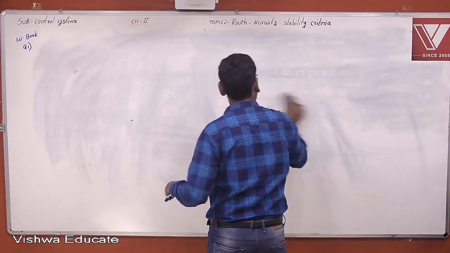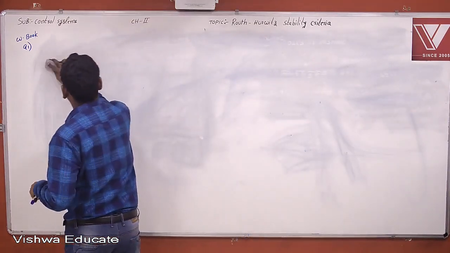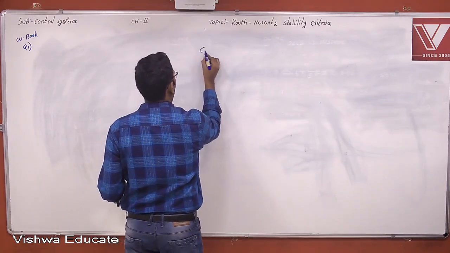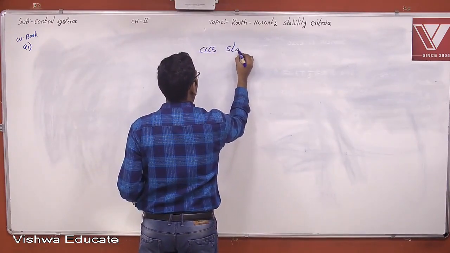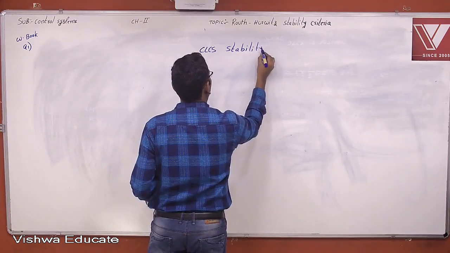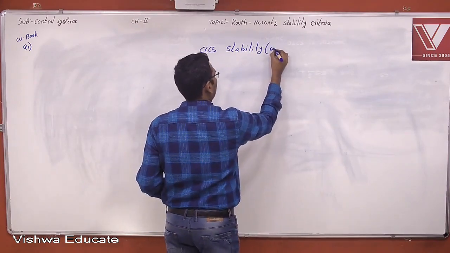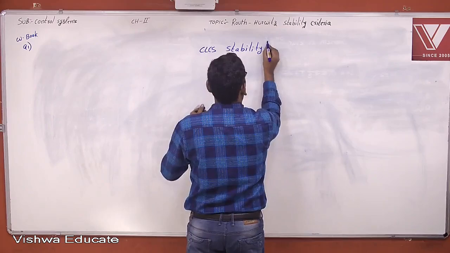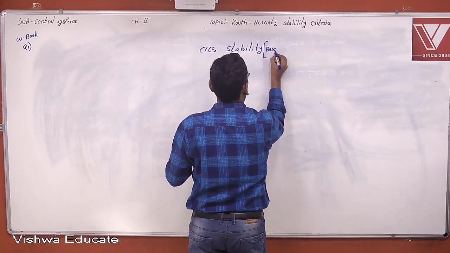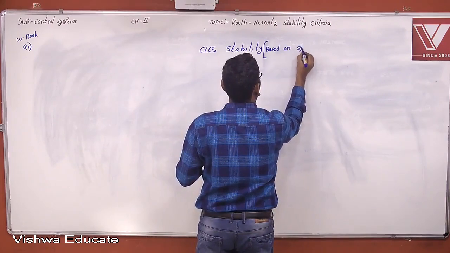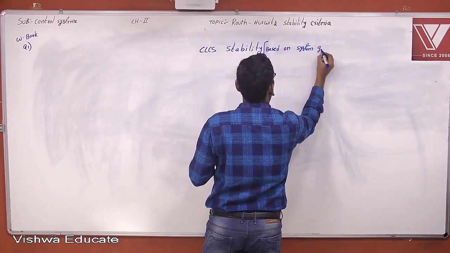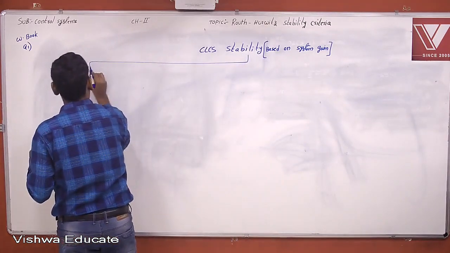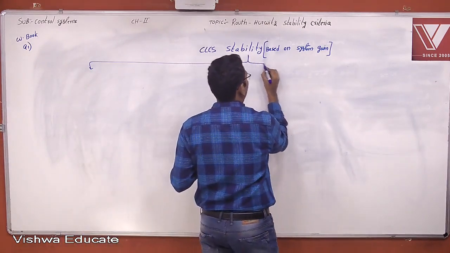So based on that, this is the closed loop control system stability, with respect to system gain. Now this closed loop control system stability is classified into two types based on the system gain k.